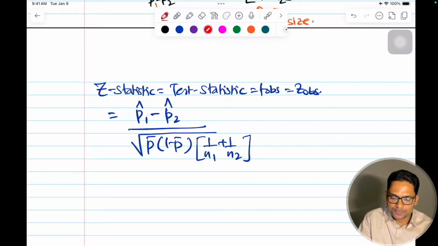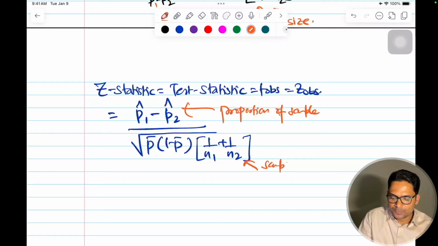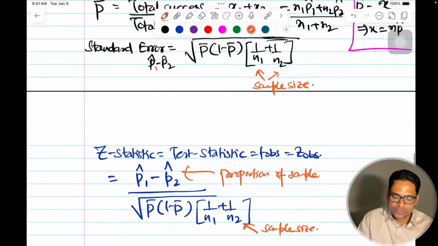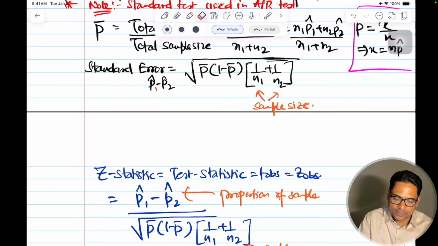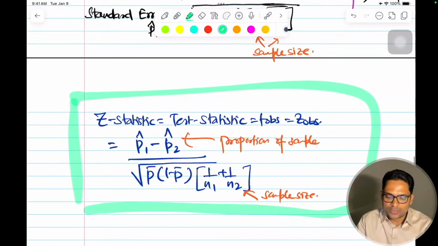Let me write it. Proportion of sample, the other terms are known. This is the sample size. So these are just formulas. Just put the numbers and you will get the values out. Just plug in the numbers.